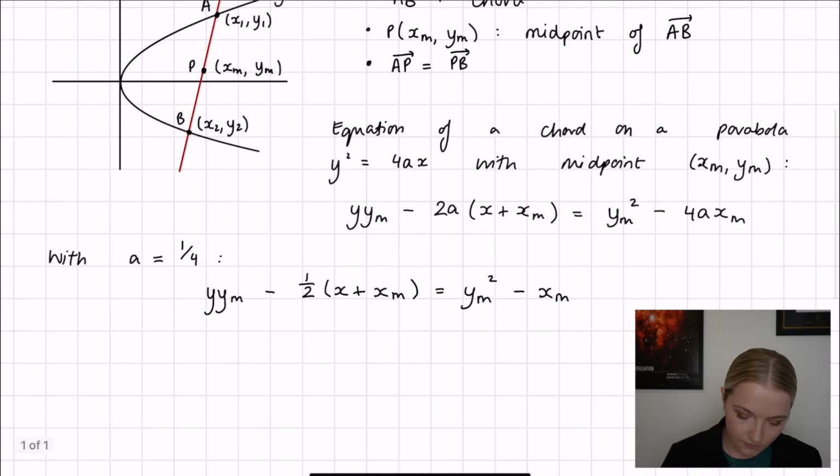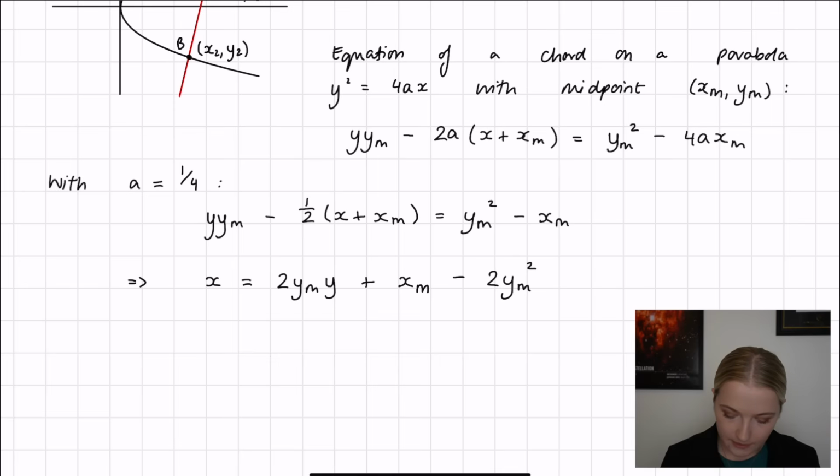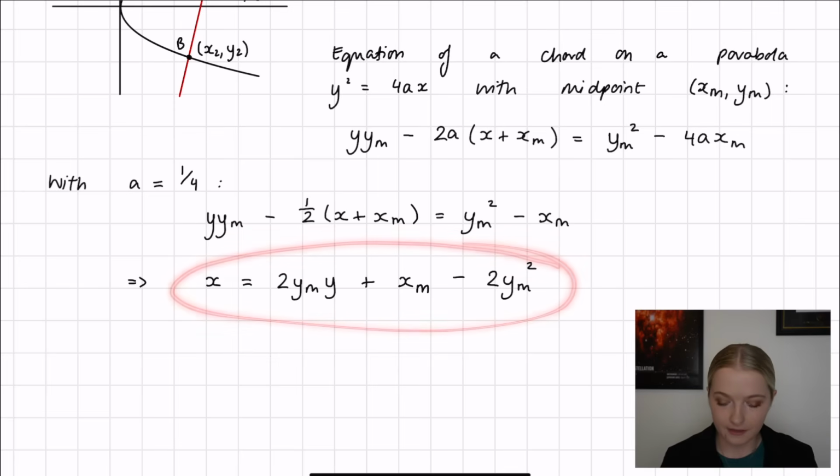So we can rearrange this in terms of x. And we get x equals 2 multiplied by ym multiplied by y plus xm minus 2ym squared. Fantastic. So we now have this equation for x.